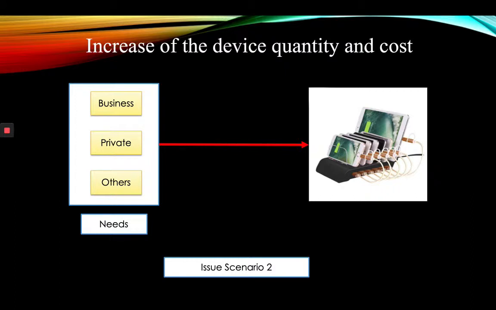Different mobile companies give different network strength and offer some different exciting packages, which also force our mind to use another SIM card. So I categorized our needs into three categories: business, private and others. These categories of needs increase device quantity. Carrying one more device is really painful.